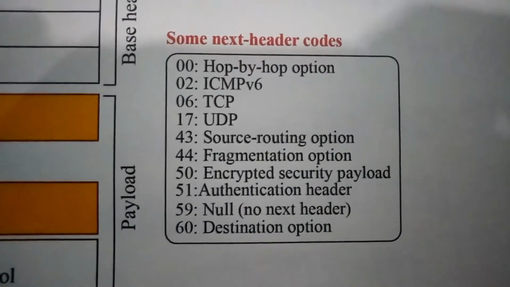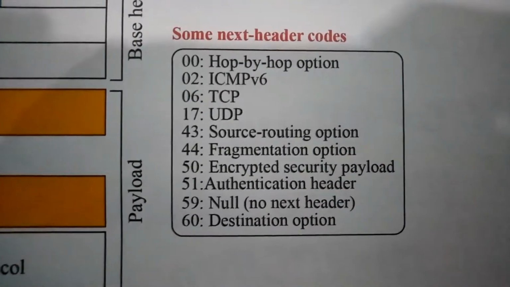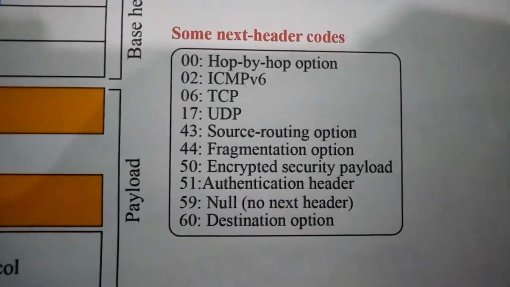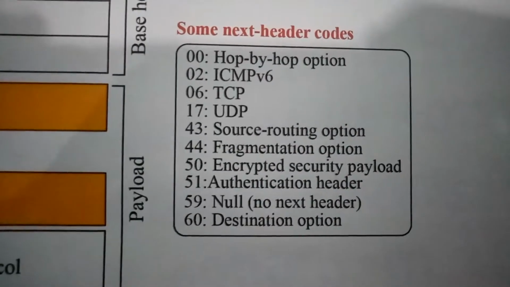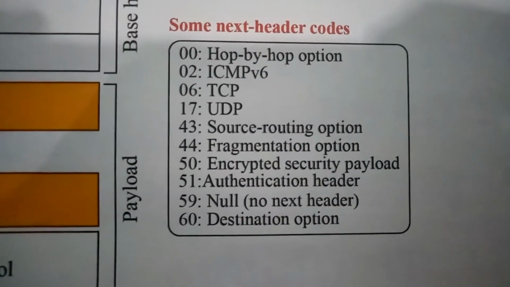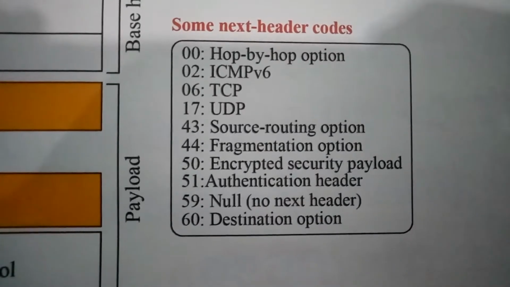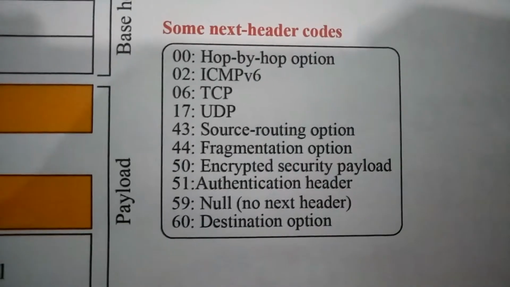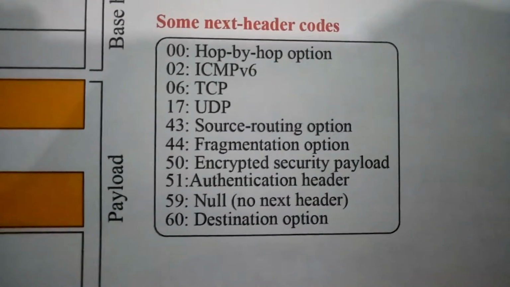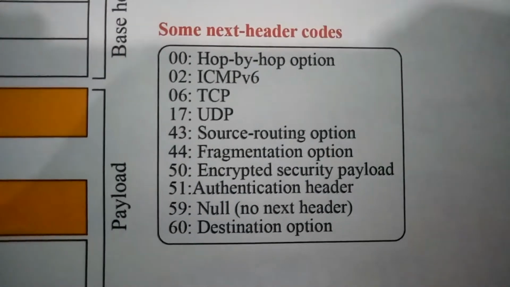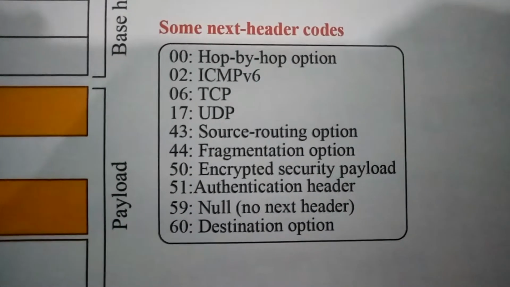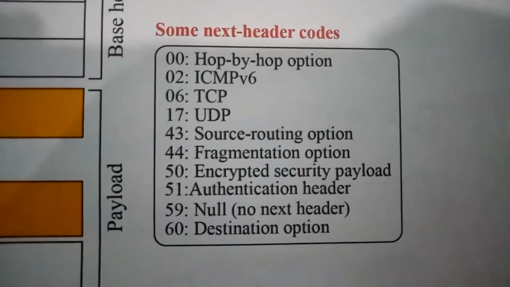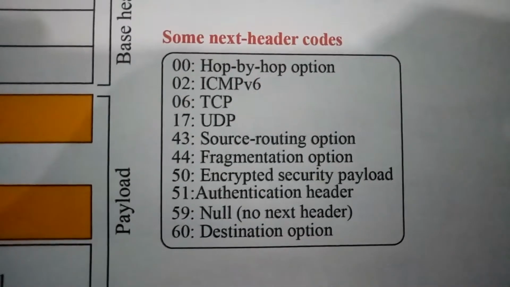hop by hop option. 02 is for ICMP version 6. 06 is for TCP. 17 is for UDP. 43 is for source routing option. 44 is for fragmentation option. 50 is for encrypted security payload. 51 is for authentication header. 59 is for null, which is no next header, and 60 is destination option.